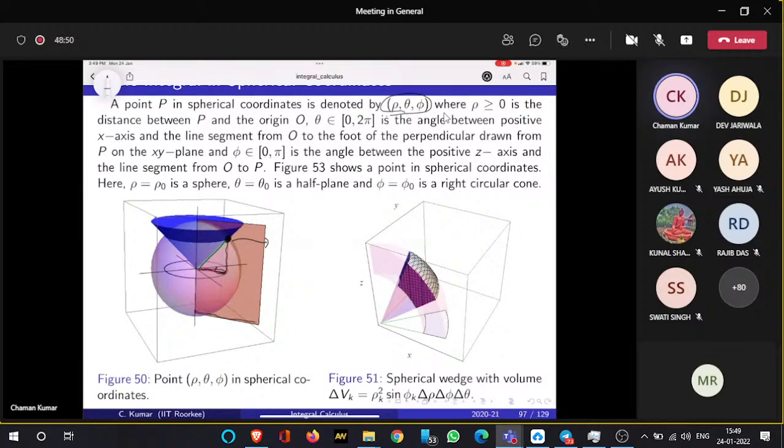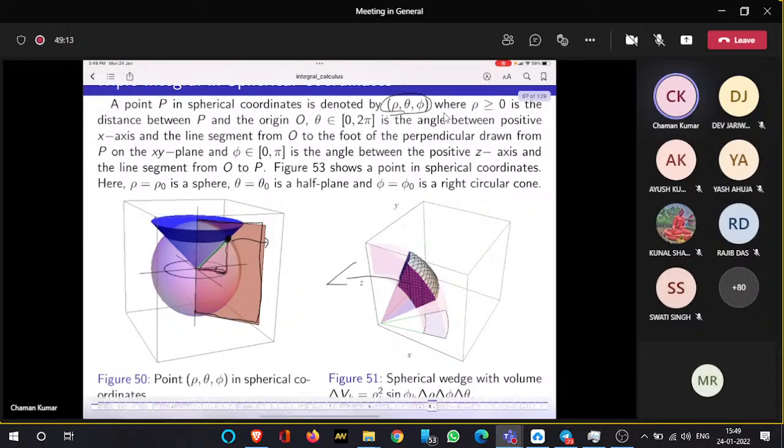You see that this is the angle theta. So in that way, you have to basically understand how the points are represented in these coordinates, and then accordingly you make the partition. After partition, you will get these types of blocks.